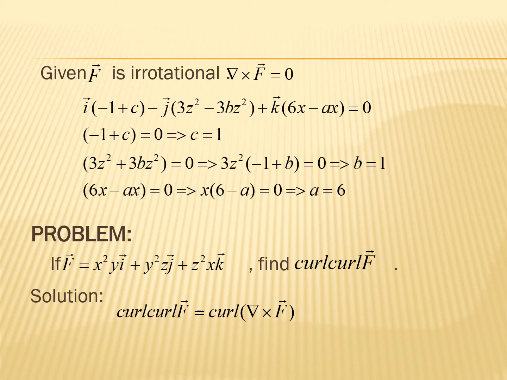So this is equal to 0. Taking 3z² common, I am getting minus 1 plus b, equating this to 0, I am getting b equal to 1. In a similar way, I am taking the k vector coefficient equal to 0. Taking x outside, I am having 6 minus a. Equating to 0, the value of a is 6.